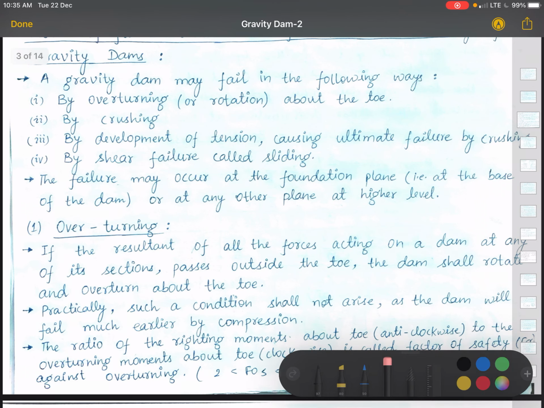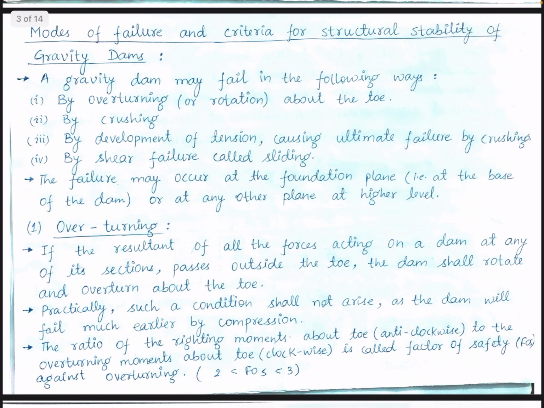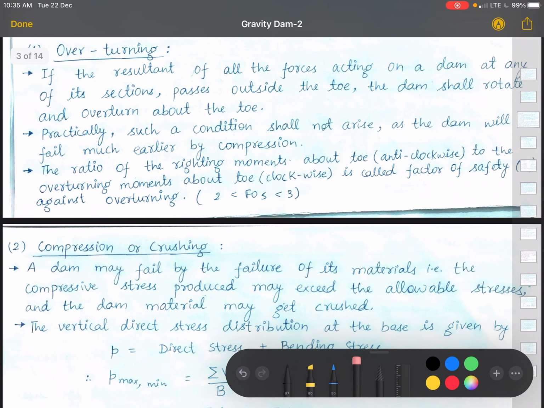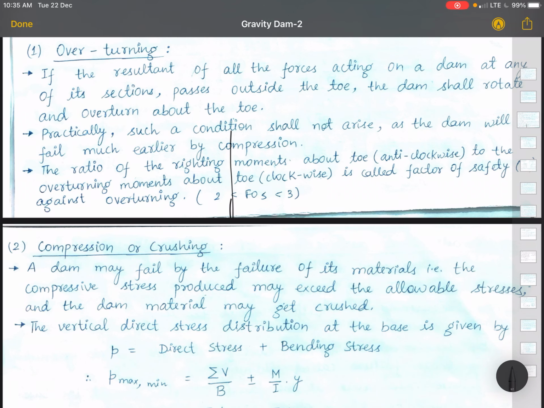So let us see the first criterion, that is overturning. If the resultant of all the forces acting on a dam at any of its sections passes outside the toe, the dam shall rotate and overturn about the toe. So this is the dam, this is the toe.